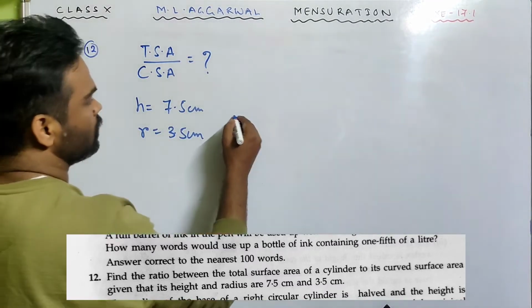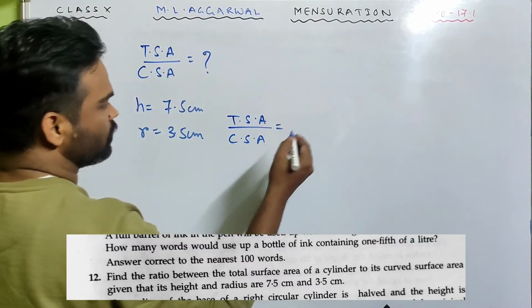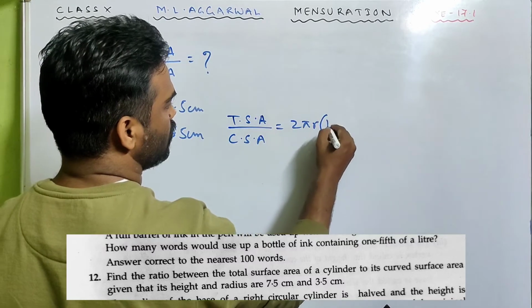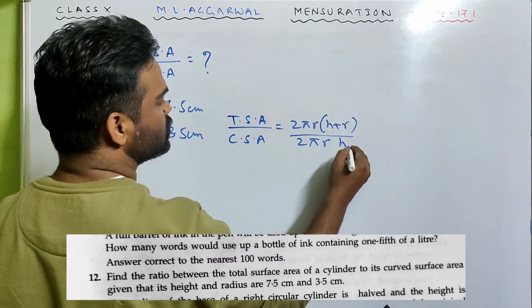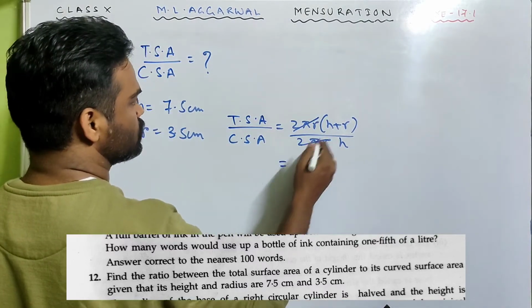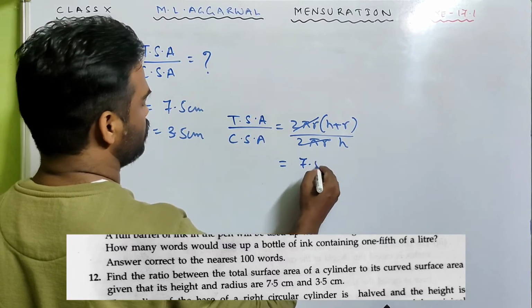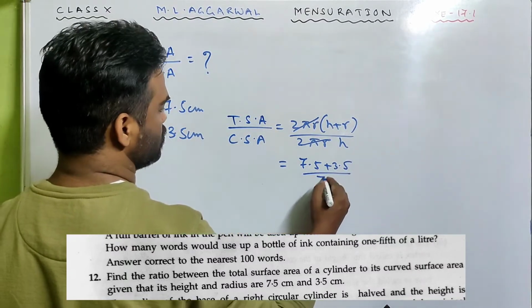Very easy. TSA by CSA. What is TSA? Total surface area 2 pi r (h plus r). What is CSA? 2 pi r h. Remember? 2 pi r cancel. So this becomes h plus r by h. h is 7.5, r is 3.5, by h, that is 7.5.